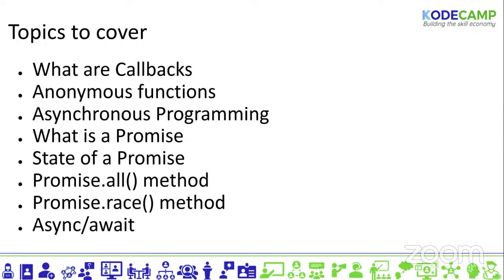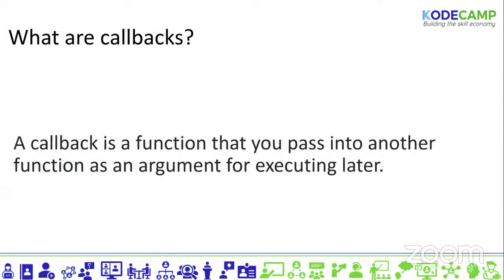Then we are also going to see how we can use the promise.all method, then we'll see how we use promise.race too, and we'll see the difference between the promise.all and promise.race methods. Then we'll also talk about async and await. So let's dive into it.